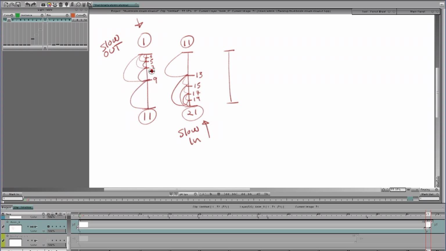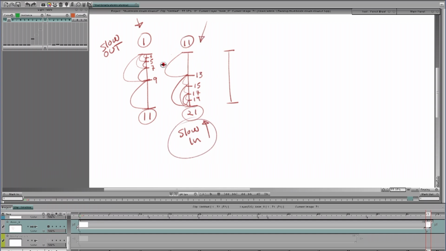How do we know that 7 is directly in between 1 and 9? Again, this loop comes in there, and then it comes right in there. And the loops are letting us know the placement and the spacing of the drawing. It's the exact same thing, except we're going in the opposite direction on the slow out chart.